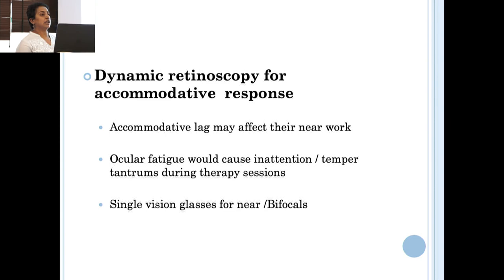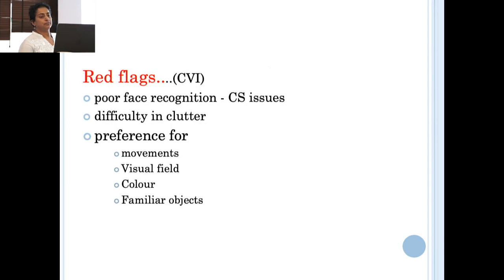When the child has an accommodative deficiency, during therapy sessions, while doing near work, they develop ocular fatigue or asthenopic symptoms, and these children may not be able to express themselves, so it presents as temper tantrums or inattention, or they don't like therapy sessions, etc. So whenever you feel there is an accommodative lag after performing dynamic retinoscopy, plus lenses have to be prescribed as single vision for near or as bifocals, depending upon the age and activities of the child.